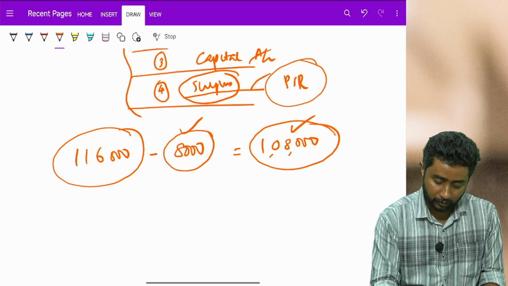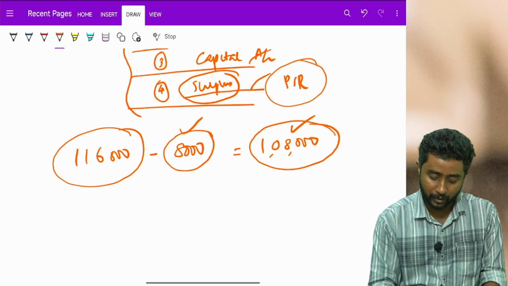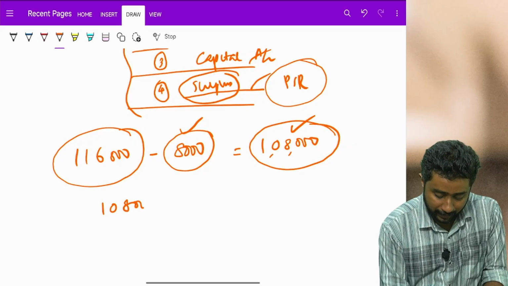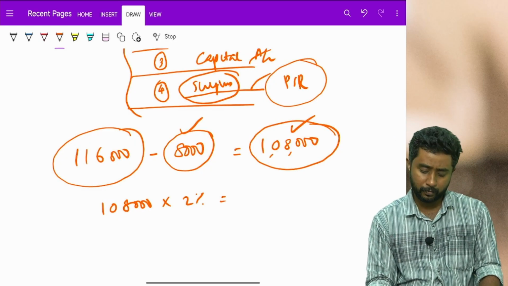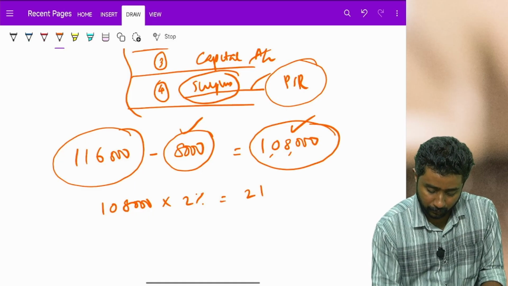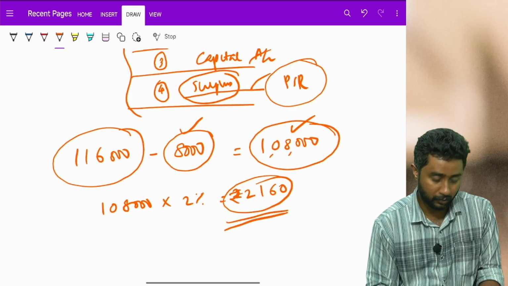That is why we excluded this 8,000. So the remaining amount is 1,08,000. On 1,08,000 you have to calculate 2%. That means 2,160 rupees. So we got 2,160 rupees.